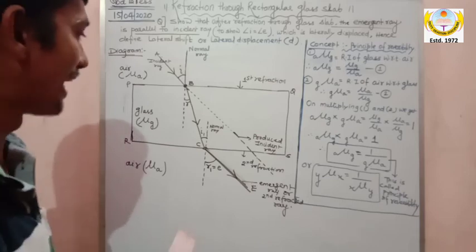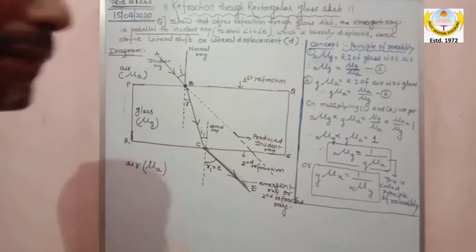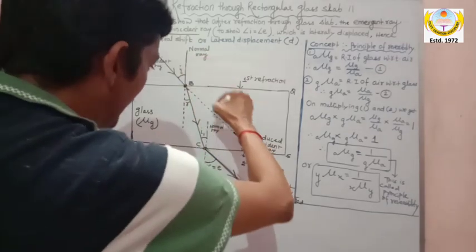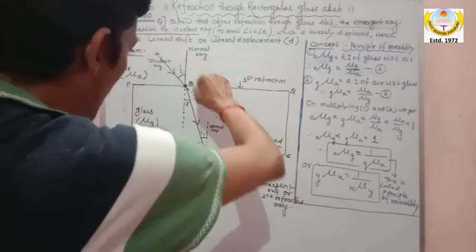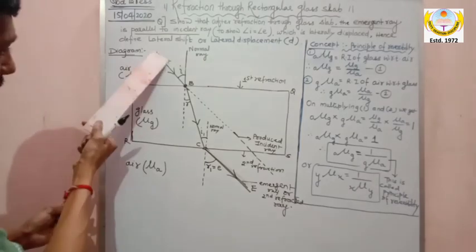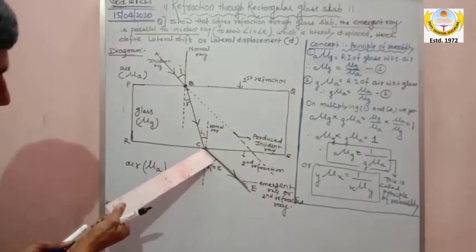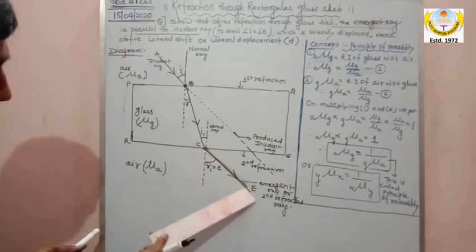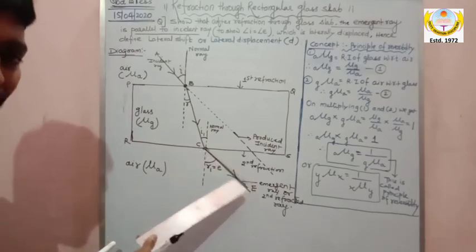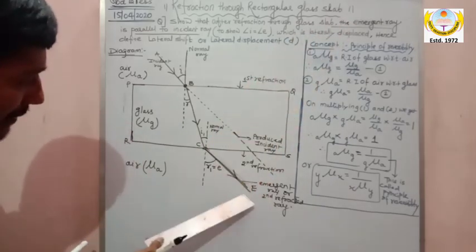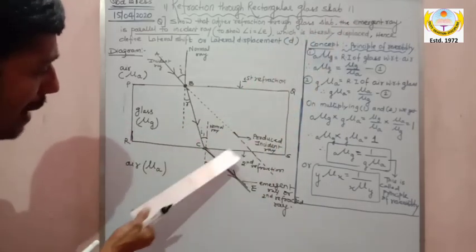Now my dear, in the diagram you can see my dear, that here is the actual incident ray. You can see the diagram. This is the actual incident ray, and this is the emergent ray. I hope it is clear. My dear, what I observe, my question says that this emergent ray and this incident ray are parallel.